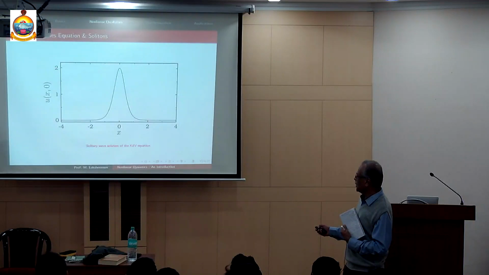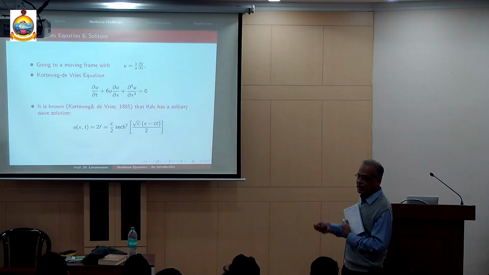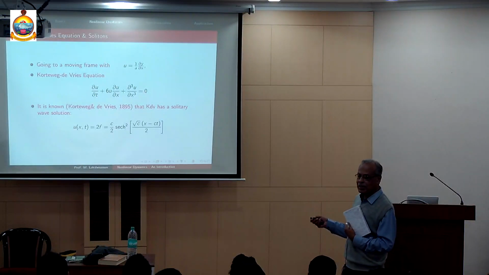But these sech functions have an interesting property. The amplitude and the velocity are directly proportional to each other. That means the larger the amplitude, the larger the velocity, and vice versa, which can never happen in the case of ordinary linear waves.